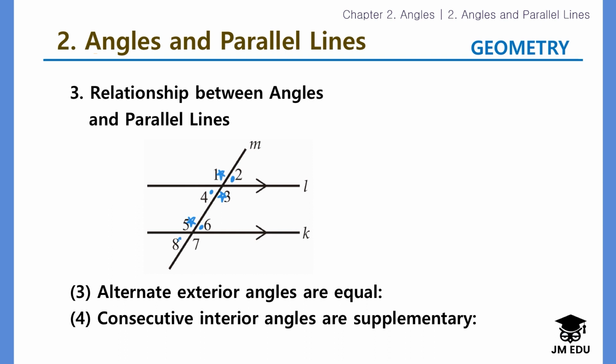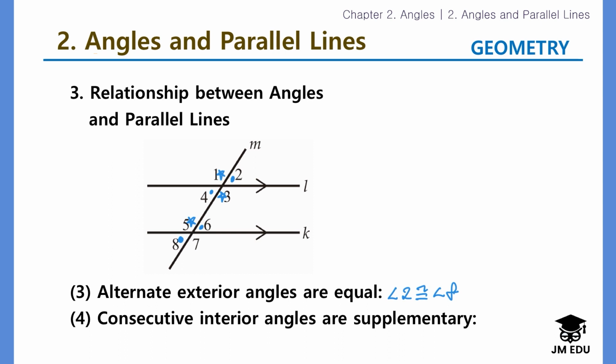Because they are vertical angles, right? Therefore, we can conclude that angle number 2 is congruent to angle number 8. These two angles are alternate exterior angles, right? So angle number 2 is congruent to angle number 8.